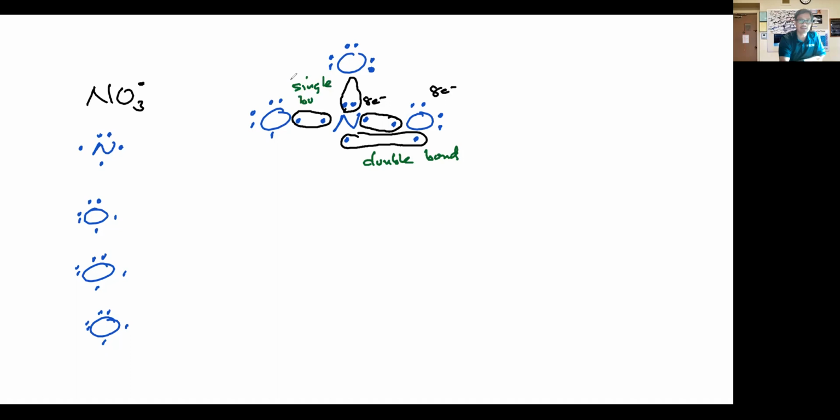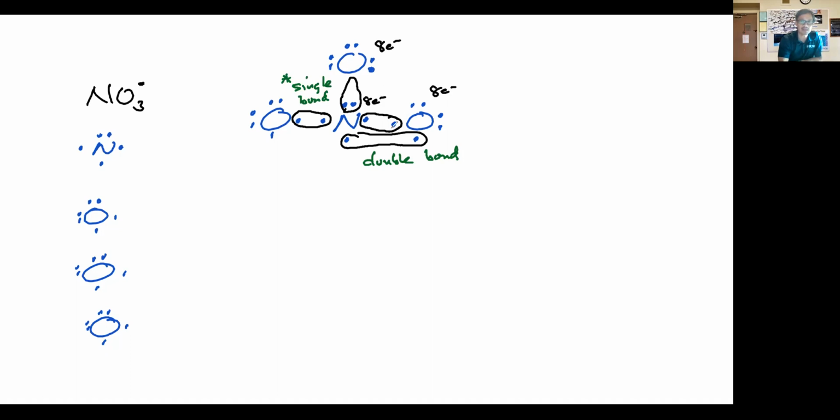I'm going to put an asterisk by this again, because this is a single bond that results from a coordinate covalent bond, in which the 2 electrons come only from the nitrogen. So with that done, this oxygen now has its 8 electrons.